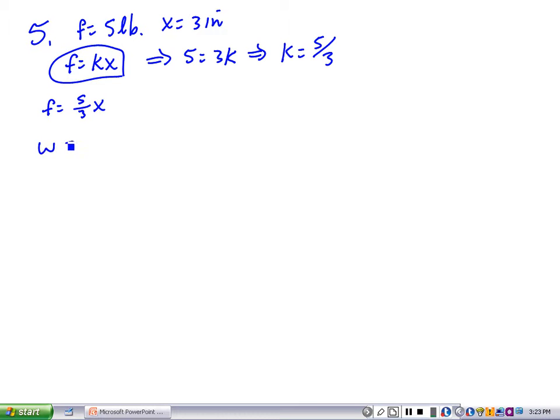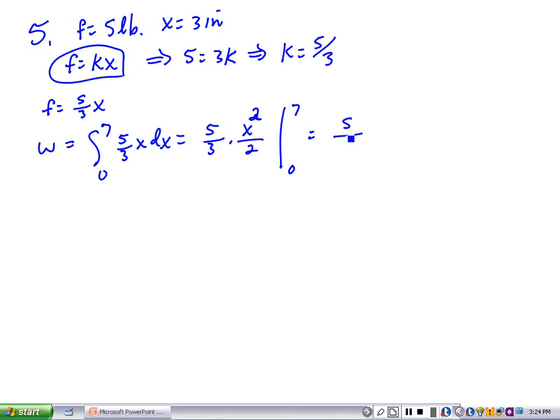But you're looking for the work. So the work here is the integral. It says further how much work is done in compressing the spring 7 inches. So we're going from 0 to 7 of 5/3 times x dx. So we get 5/3 times x to the second divided by 2. This is evaluated from 0 to 7.